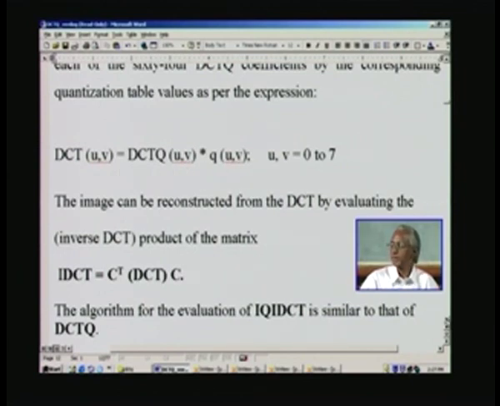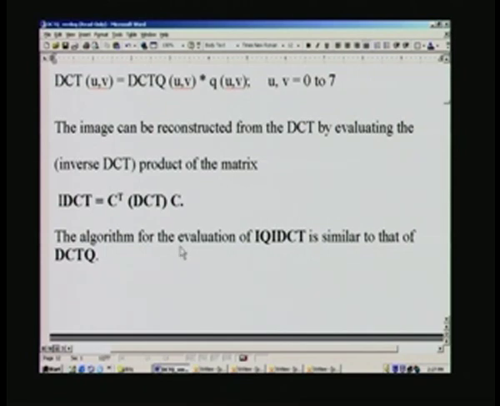The encoder decoder that we have seen before is also abbreviated as codec, and so the next step is, we still have only the DCT coefficients available here.